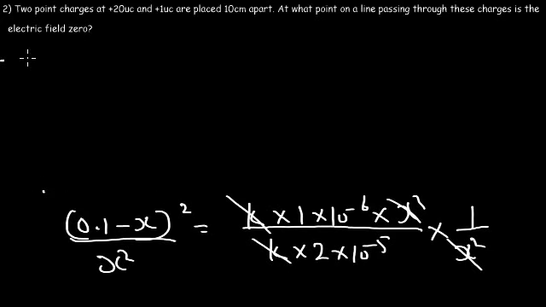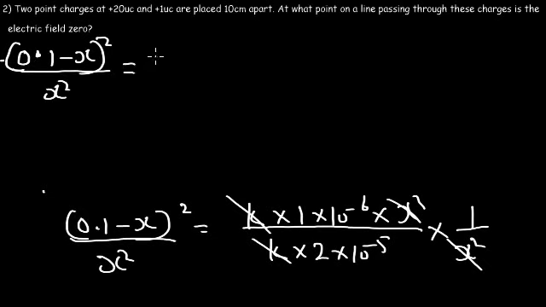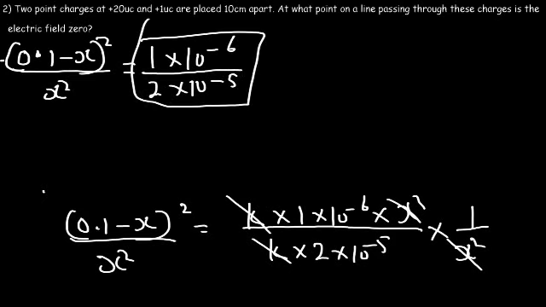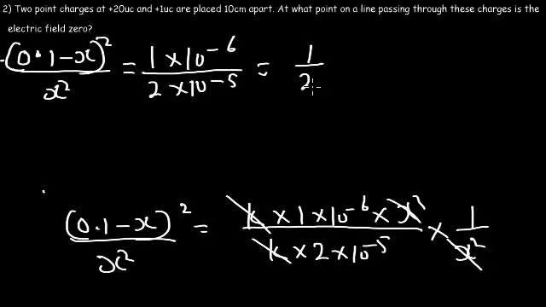So therefore, (0.1 minus x) all squared divided by x squared will indeed equal 1 times 10 to the power of negative 6, all divided by 2 times 10 to the power of negative 5. Now, let's focus on the right hand side. We can see that it tends to be 1 by 2, then multiplied by 10 to the power of negative 6.